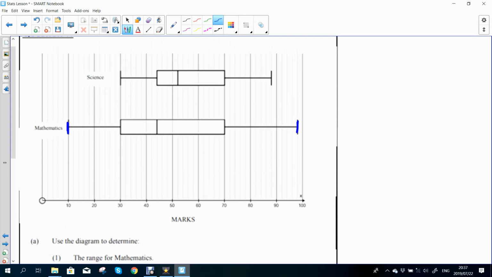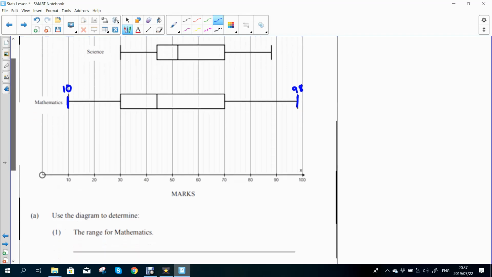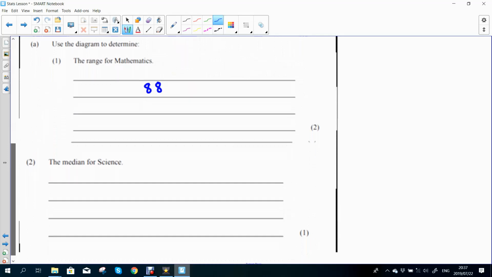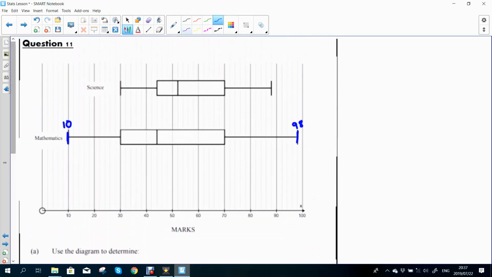So this one is just 98 and minus 10. Okay, so your range for 2 marks is 88. The median for science, that is the little line in the middle of the box. And if you read that off, that gives you a median of 52.